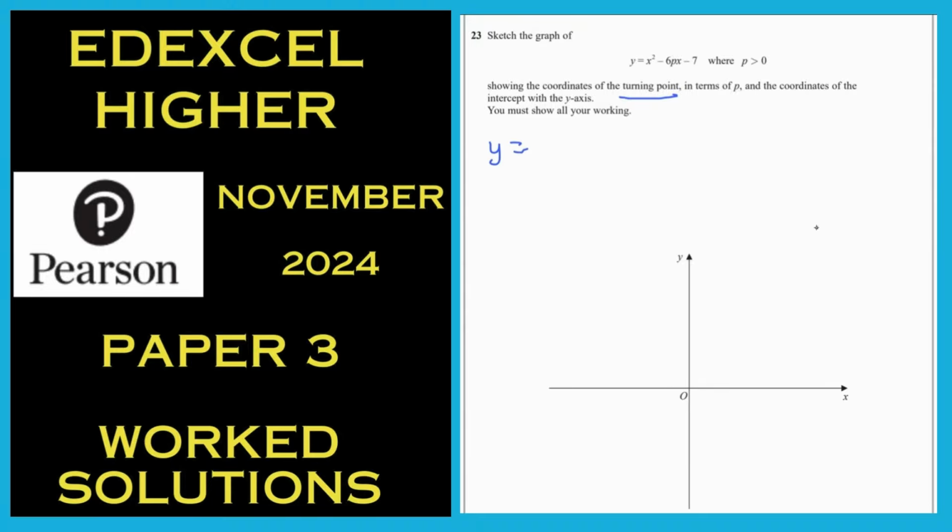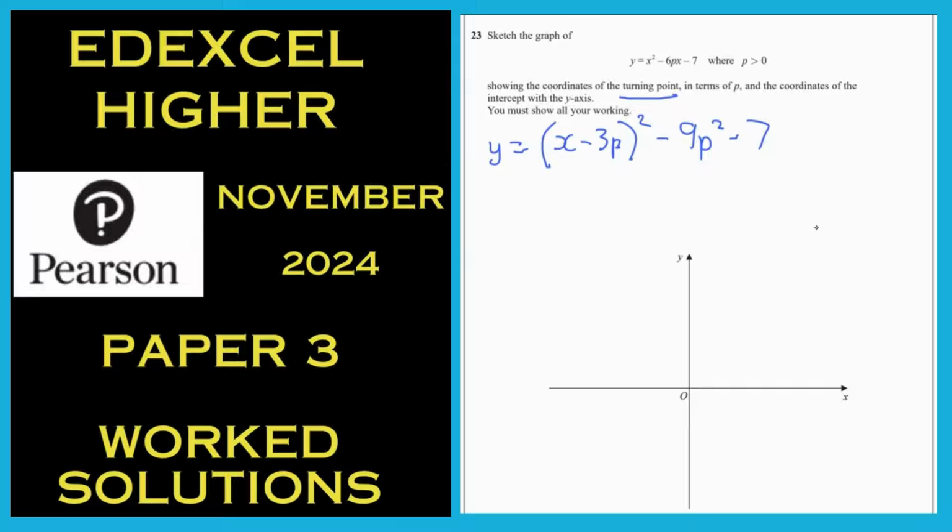The method for completing the square is halve the bit in front of x, in this case, negative 6p. Halve it. Whatever that is gets squared and subtracted. That's the key.